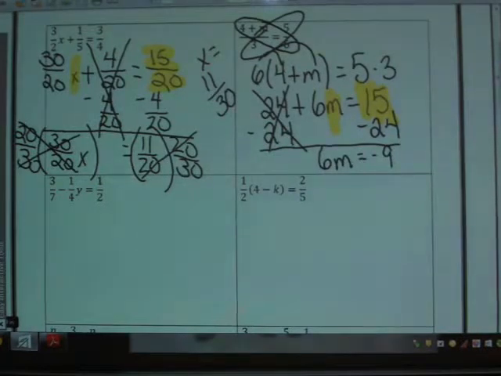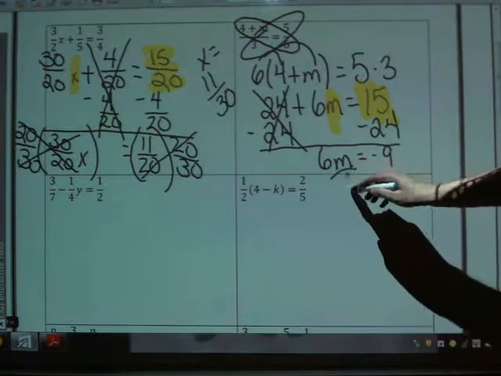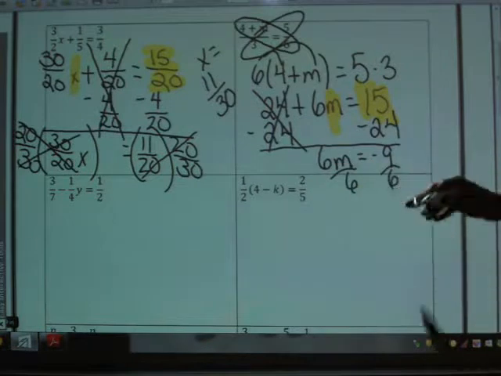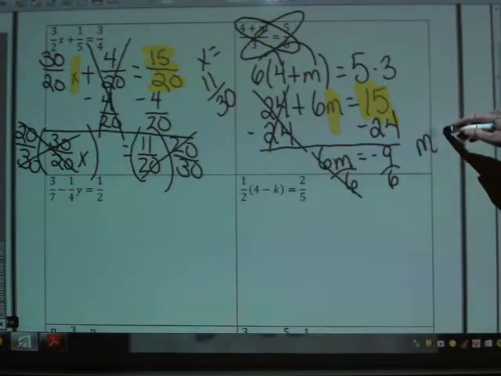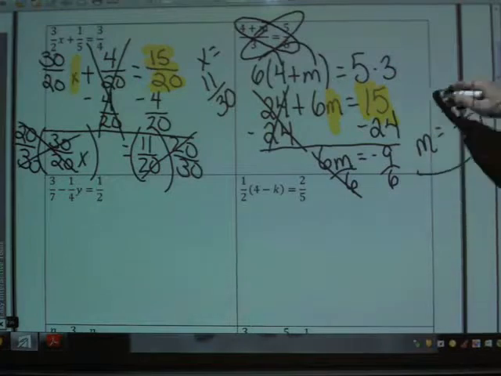Okay, so this is at this point now a multiplication problem, a one-step multiplication problem at that. So we'll finish by dividing. I'm going to divide both sides by 6. And even though the fraction disappeared throughout the problem, the fraction returns at the end here because we have negative 9/6, which reduces to negative 3/2.